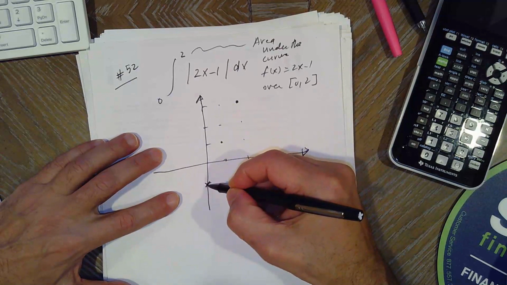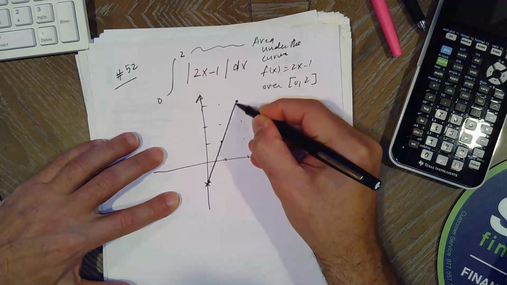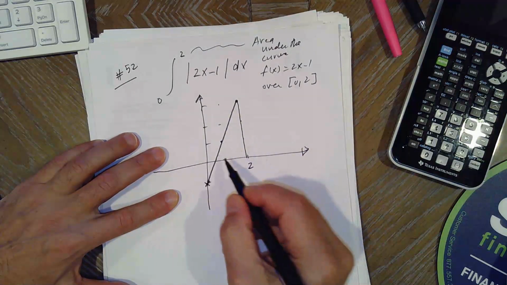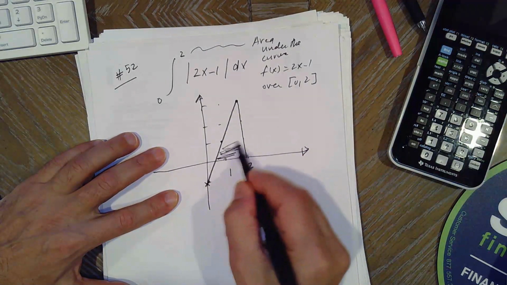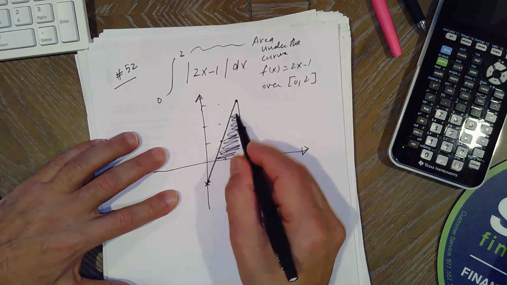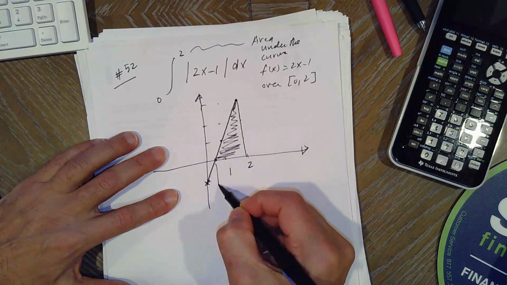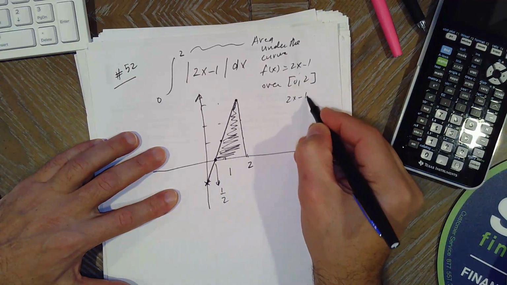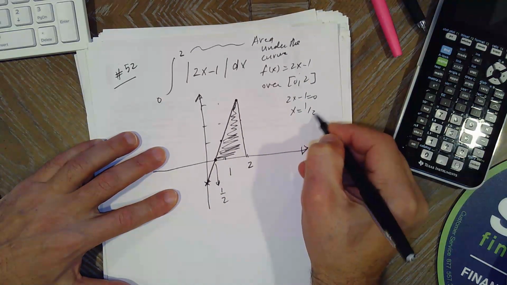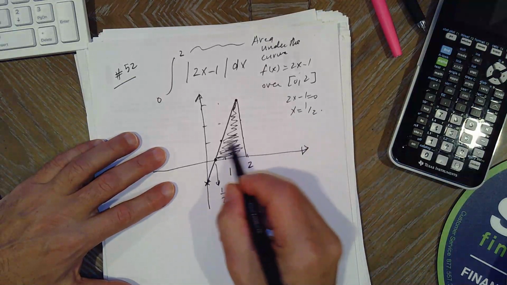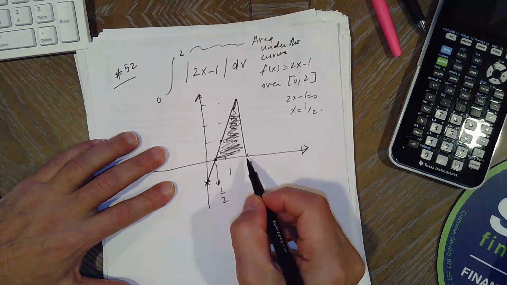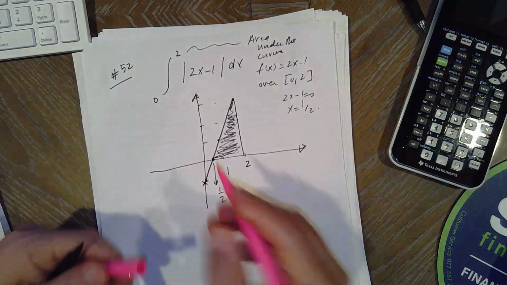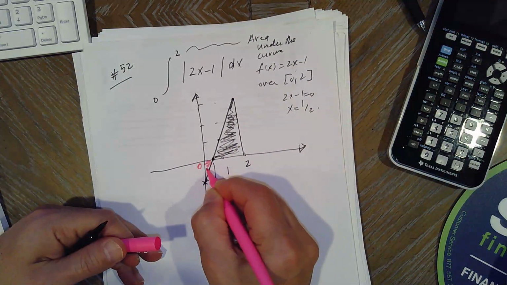So it's this, and they want, this is a 2, this is a 1, so they want this area, which is, this is actually 1/2, right? Because 2x minus 1 equals 0, so x equals 1/2. So we're going to split it up into two areas, between 1/2 and 2 where it's positive, and then between 0 and 1/2 where it's negative.